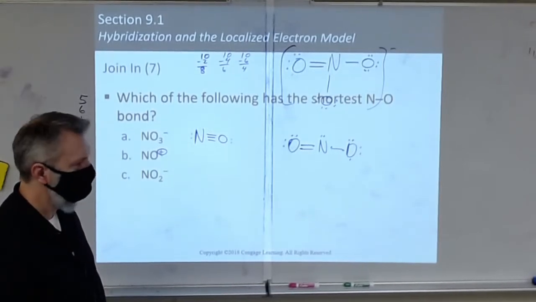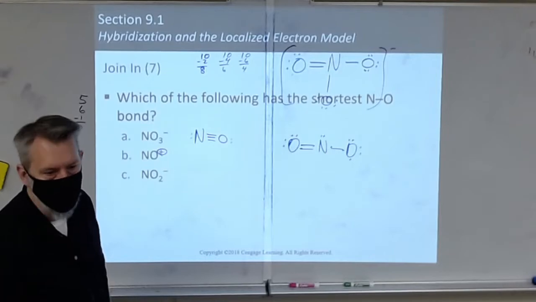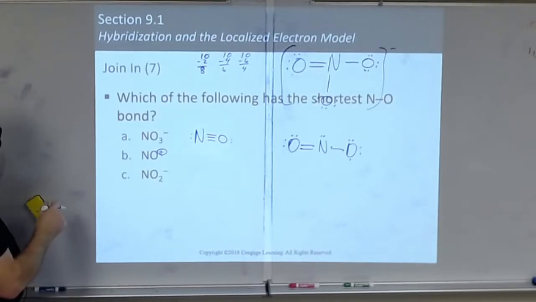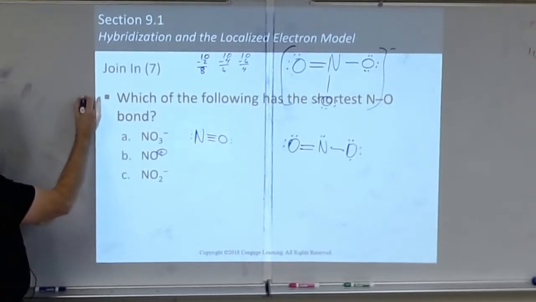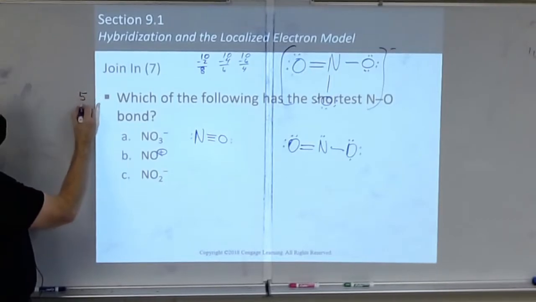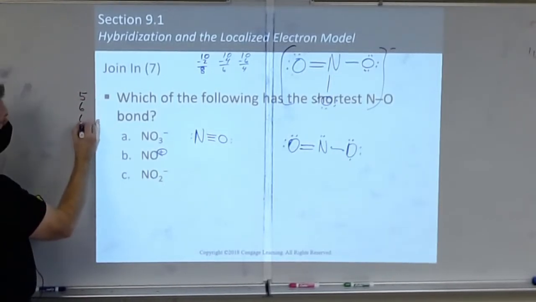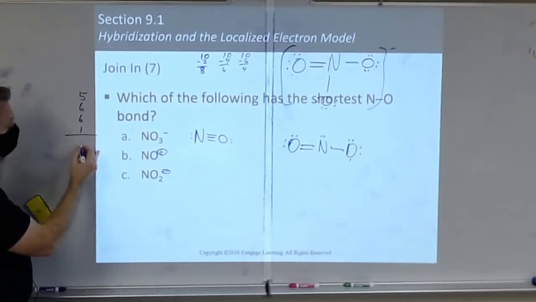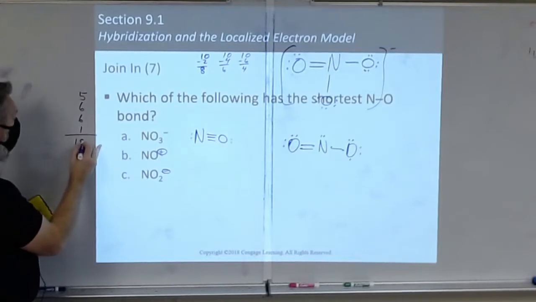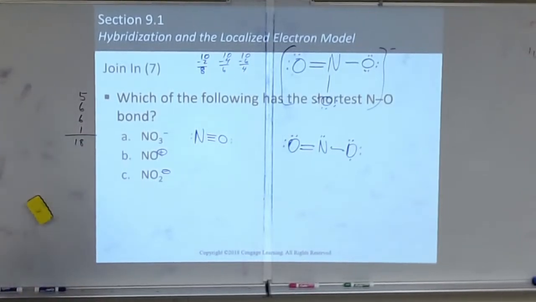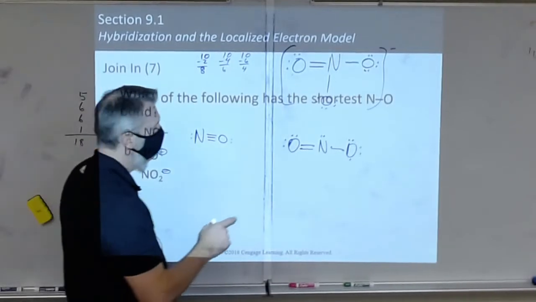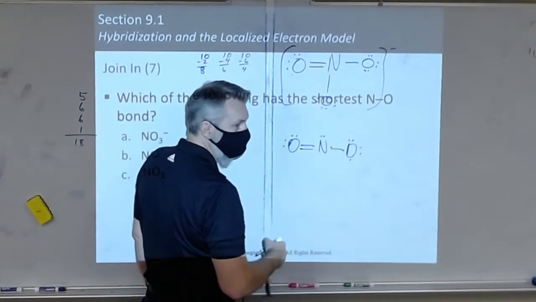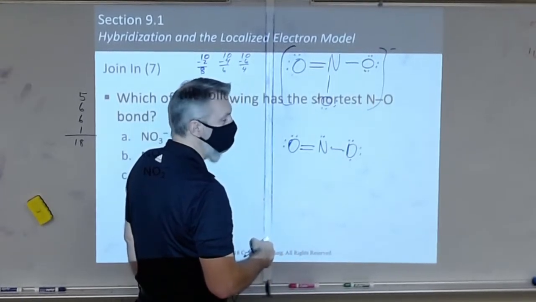Wait, no. 2, 4, 6, 8. No, we gotta take one away. So, NO2, N has how many? 5, oxygen, oxygen, and we got an extra one, right? So this is 18. You sure? Yeah. 18. All right. So 2, 4, 6, 8, 10, 12, 14, 16, 17, 18.